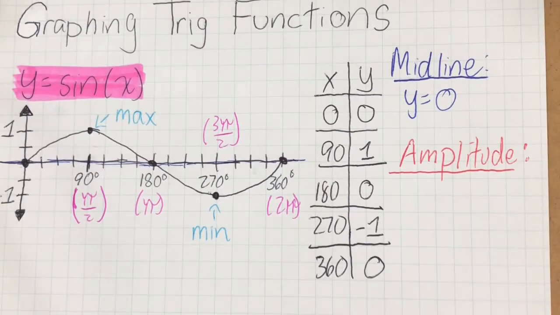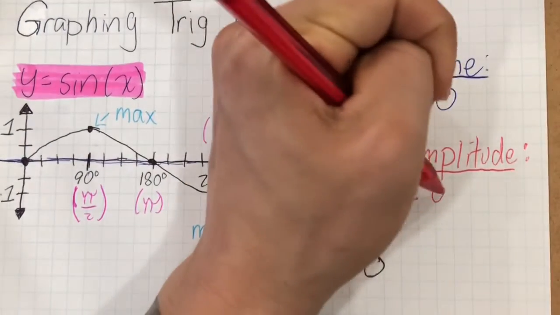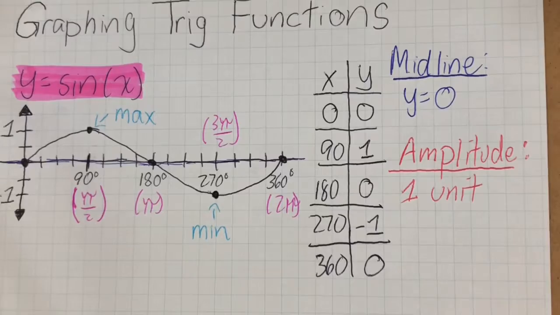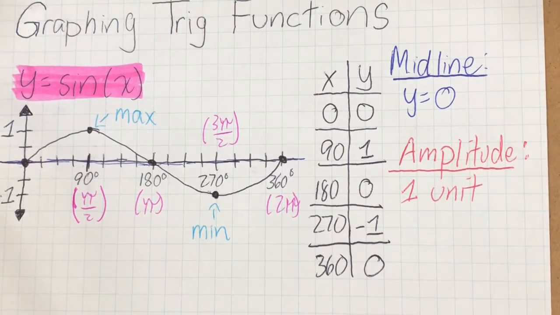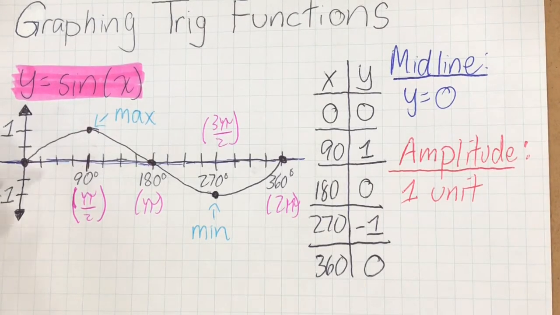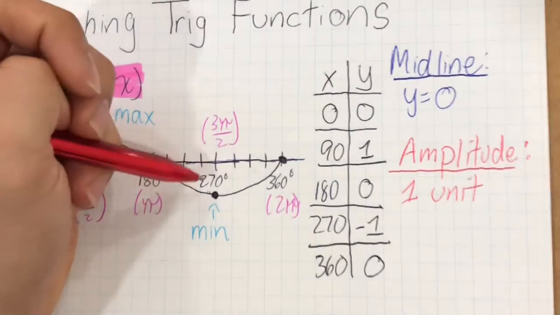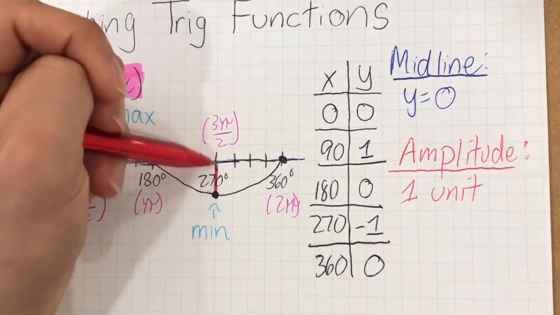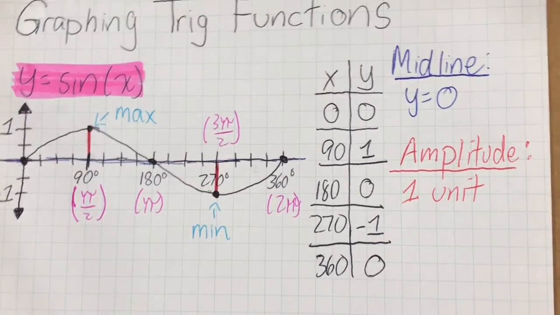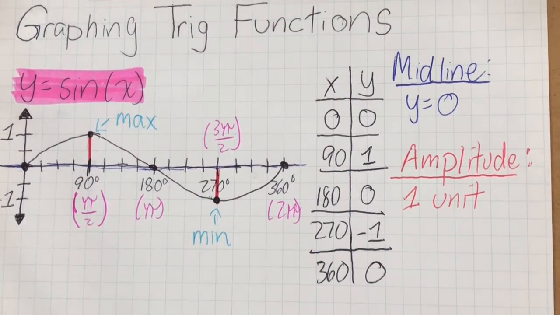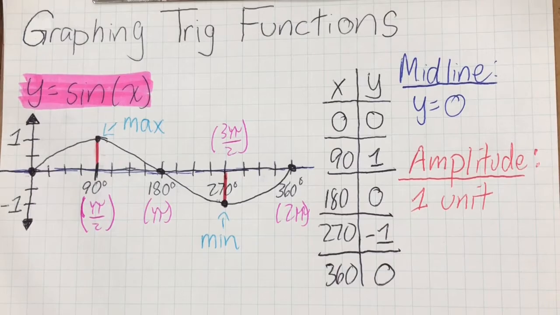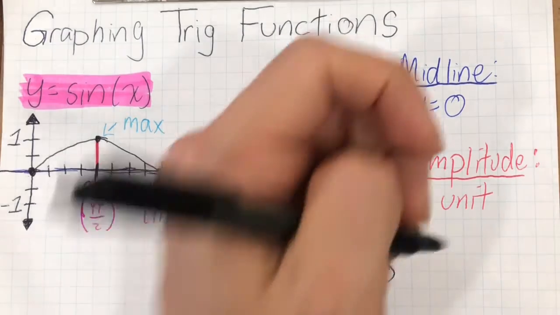So my amplitude is going to be 1 unit. Now remember, the definition for amplitude is the height of the graph from the midline, either above or below the midline, which is 1 unit. And then we need to identify the period of the graph.